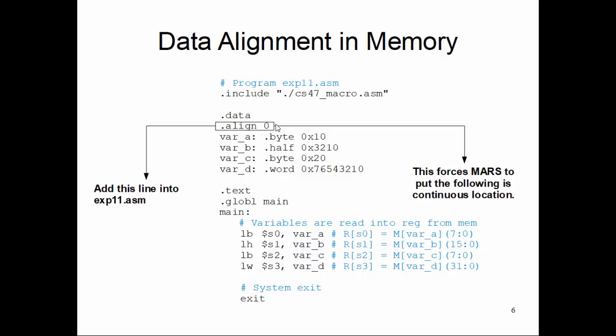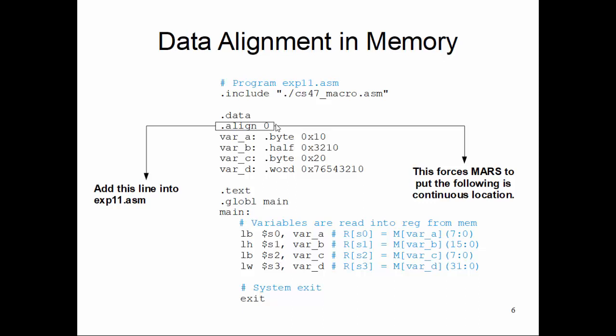So it's telling the assembler not to follow the alignment rules for any type of data. You don't need to follow half word starting from an even address, and you don't need a word to start from an address divisible by 4. Just continuously place the data, and don't waste space in between.